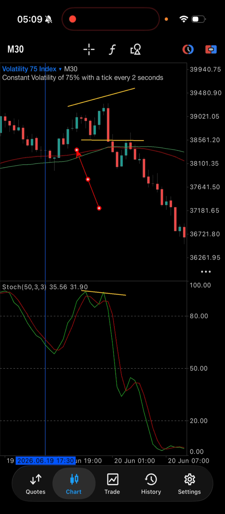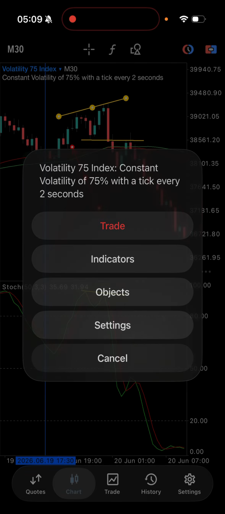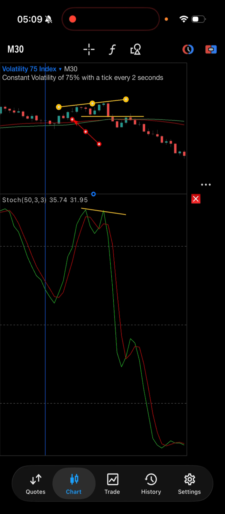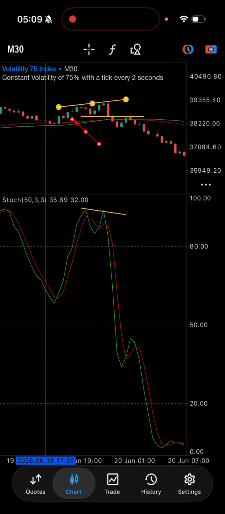If we look at this price action here, we have this high here and we have this high here. But if you look at the indicator down here, we have something completely different.